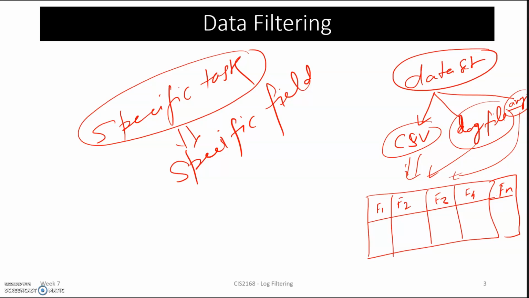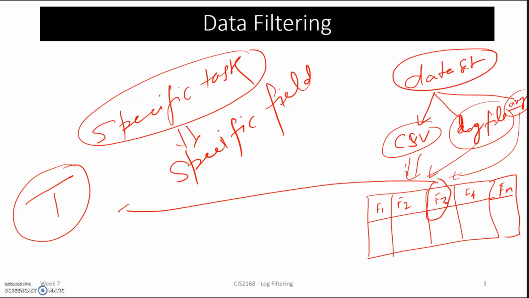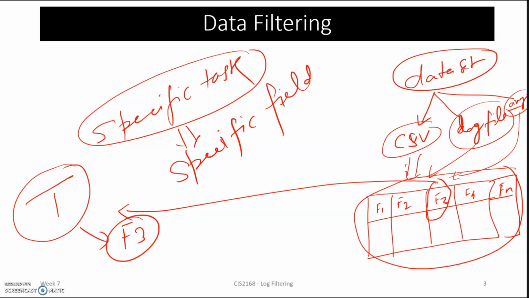Like if you want to perform any task T, and for completing task T you do not need all the data which is present in the CSV file or log file or in any other file. Rather than using all, you want just field F3 to complete task T. So if you are using all the data for processing to complete task T, what will happen? This process will be time consuming.